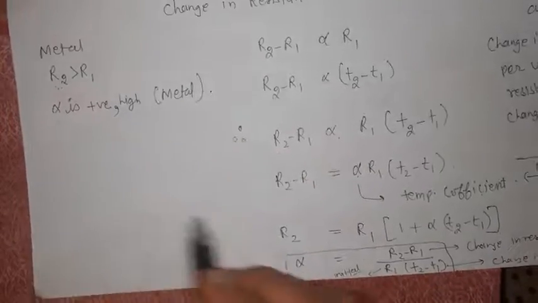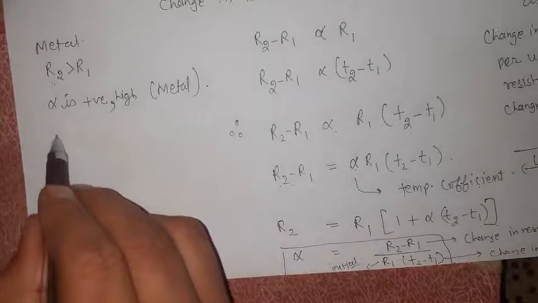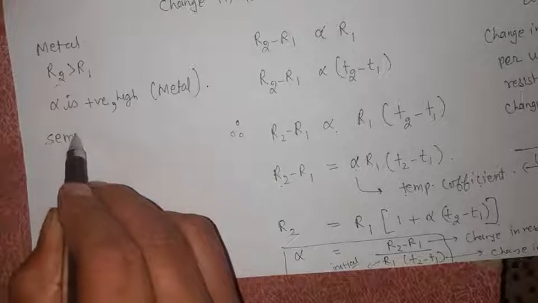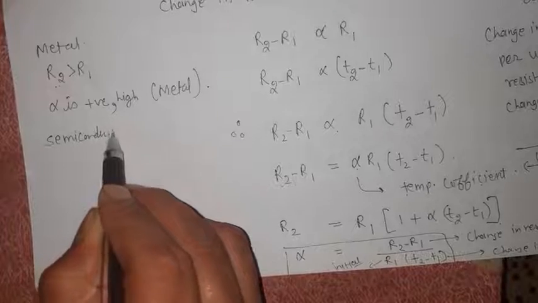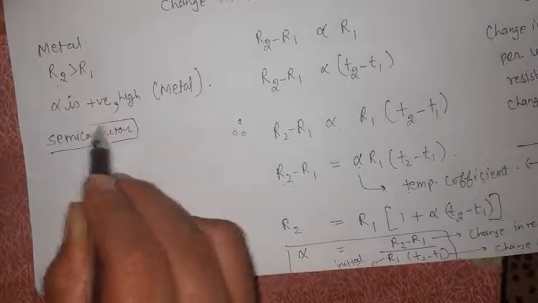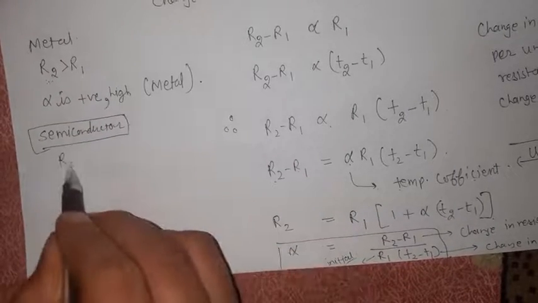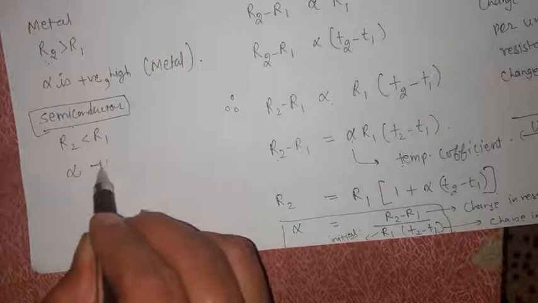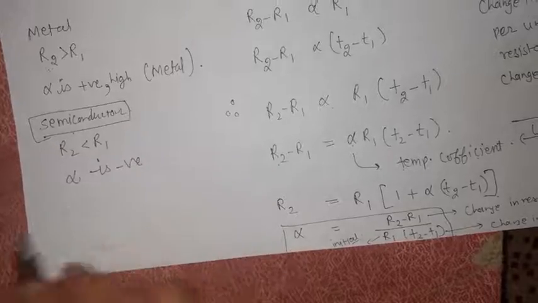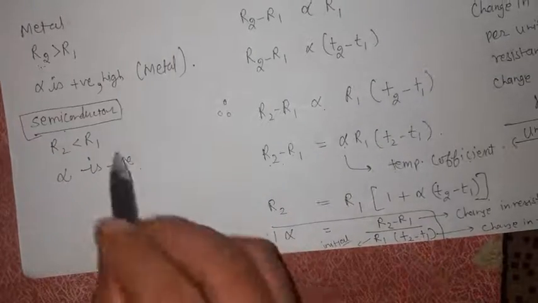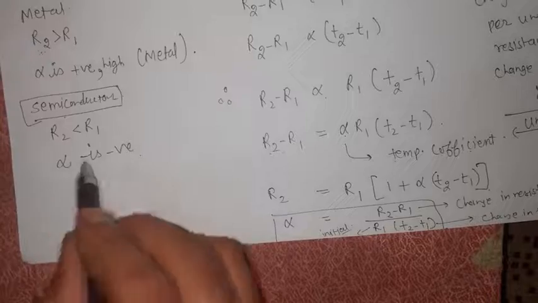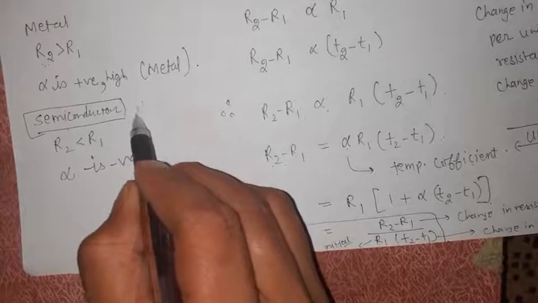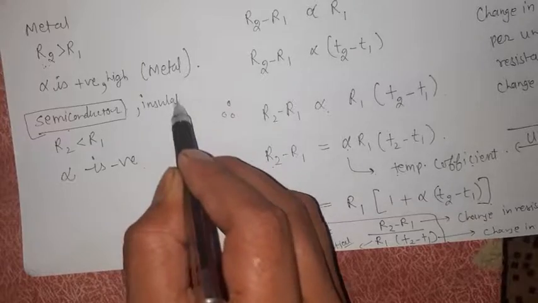And if we are talking about semiconductors, for a semiconductor, students, R2 is less than R1, so alpha is negative. Similarly for an insulator.